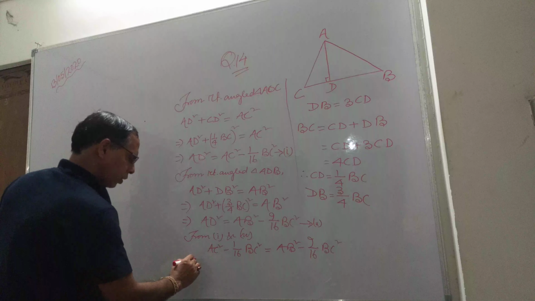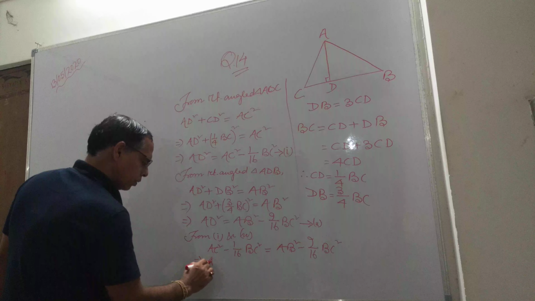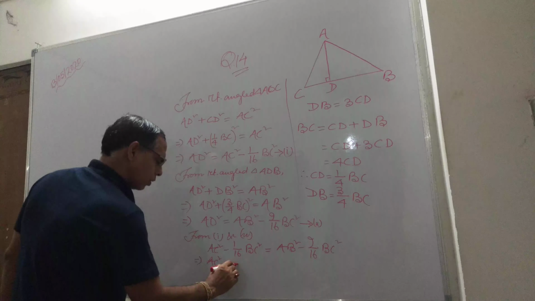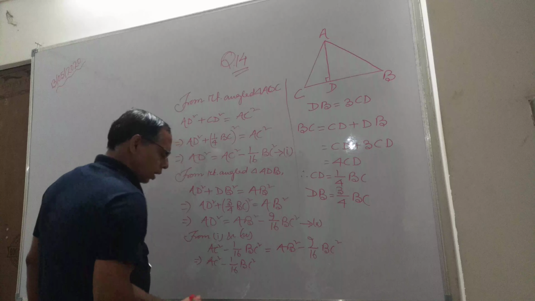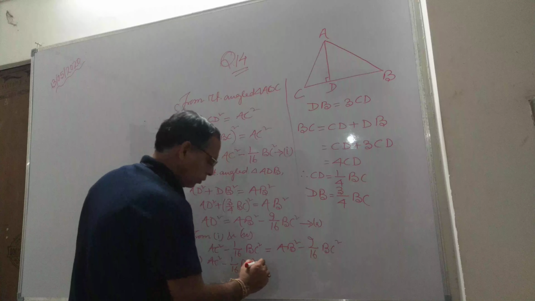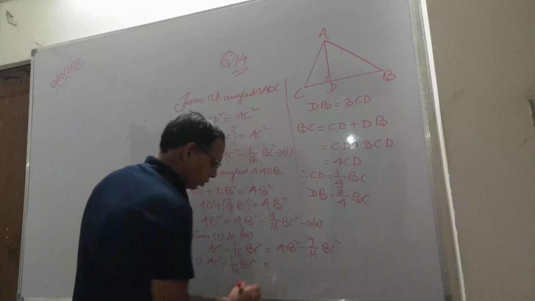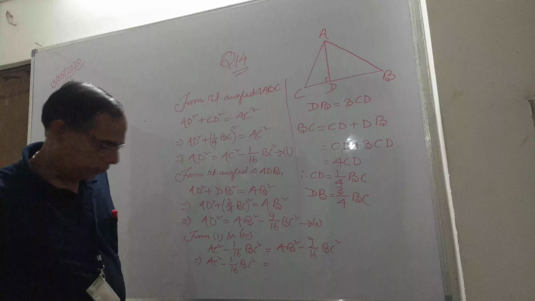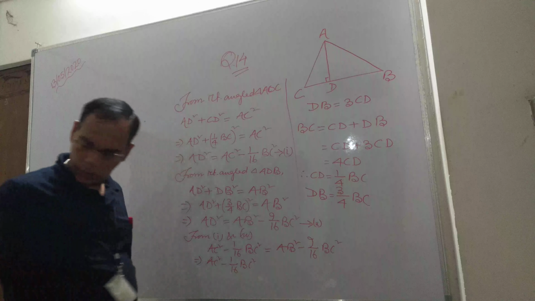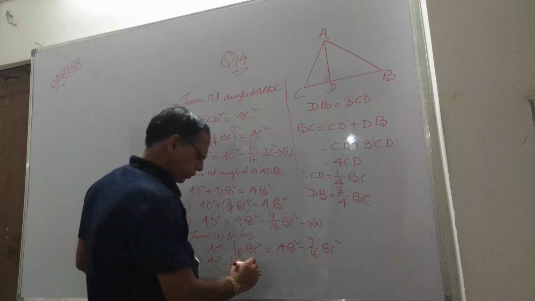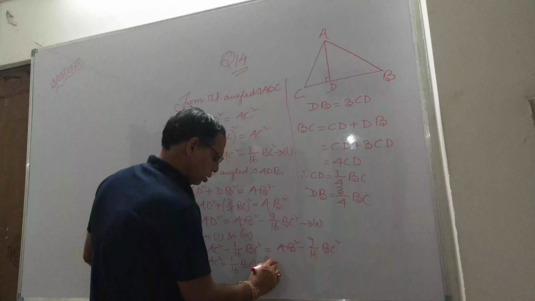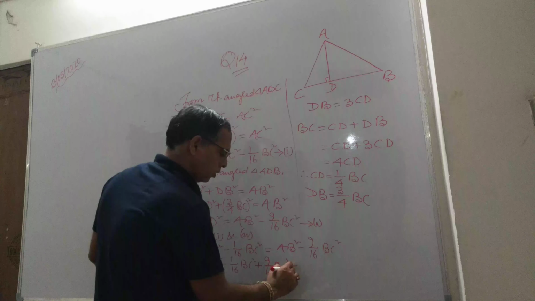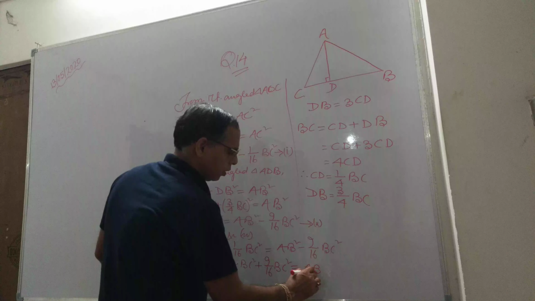Now, you shift any way you can do. You can shift this one. Then plus 9 by 16 BC square equal to AB square.